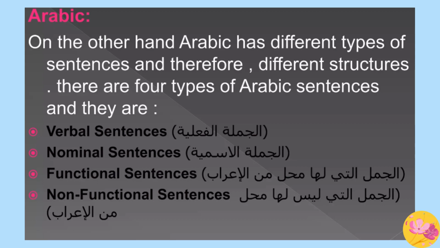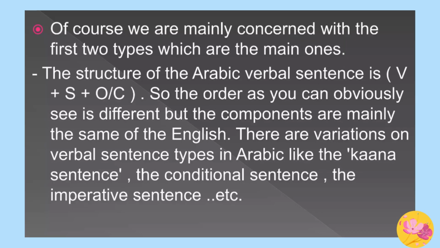So you can just go through and read about these sentences on Google. We are focusing mainly on two types. The first one, verbal sentence: the verb starts first, then the subject and the object. There are variations for conditional sentences and imperative sentences, but we just have to read through that.